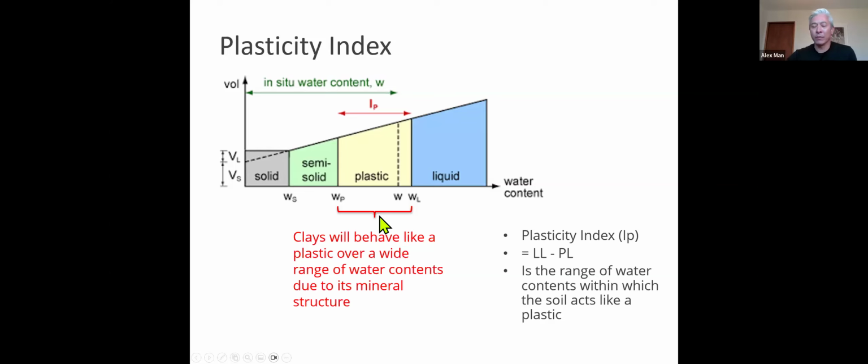Remember I said it incorporates water into its mineral structure. It's doing that, and it's actually preventing it from becoming a liquid very quickly. In contrast to silt, you start adding water and this plastic zone is going to be a lot smaller. So the difference between that plastic limit and liquid limit is called the plasticity index, the IP, okay?